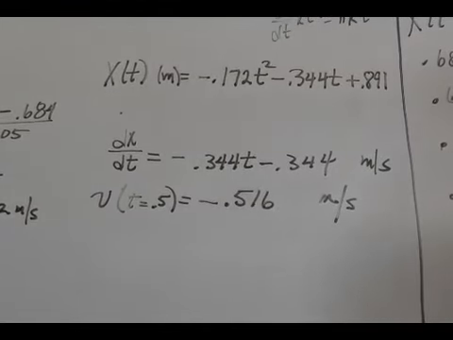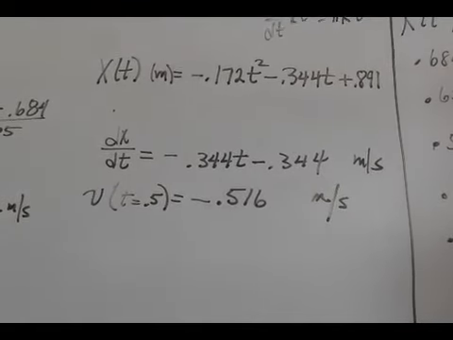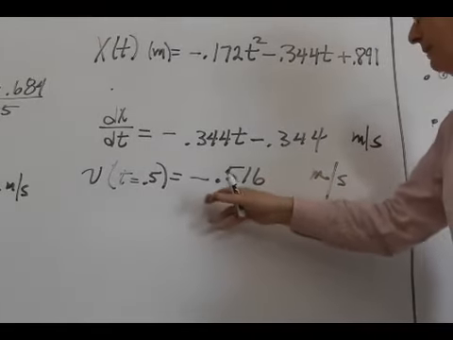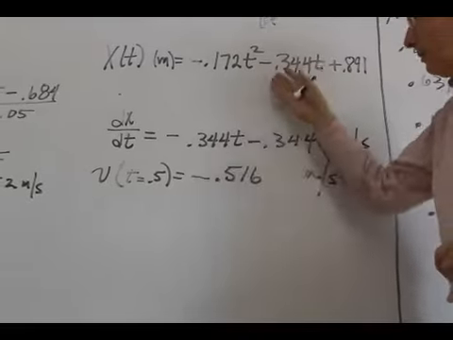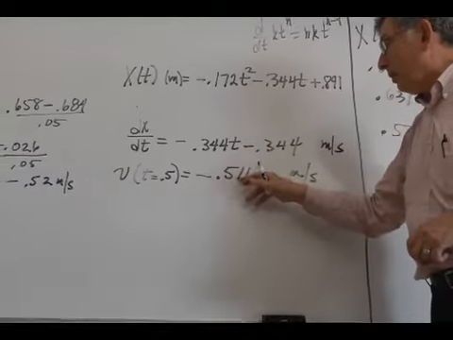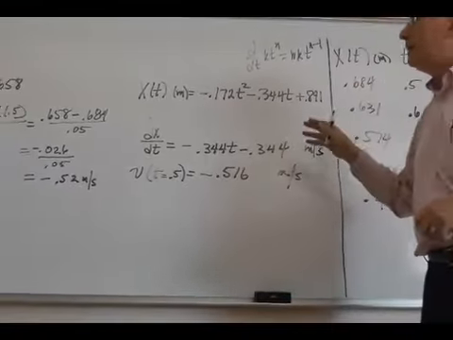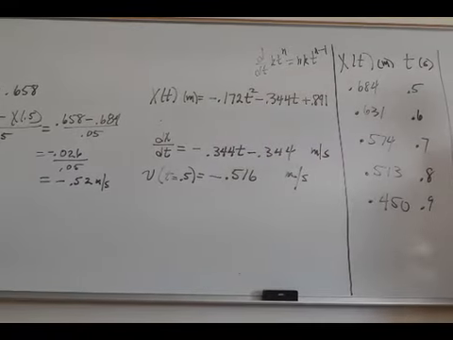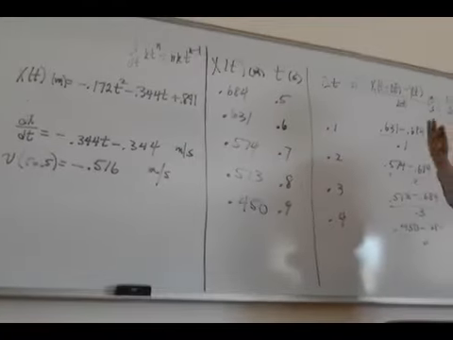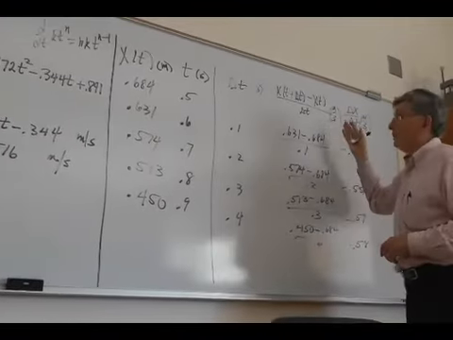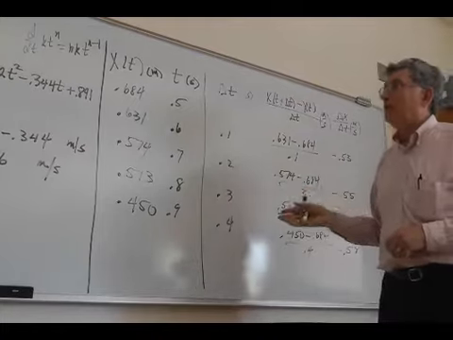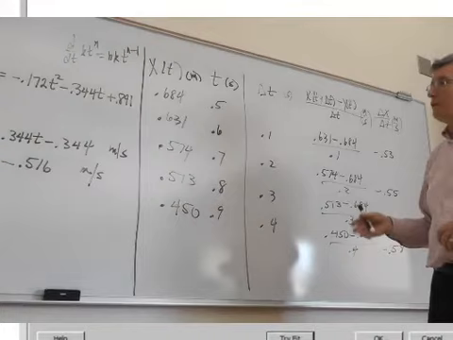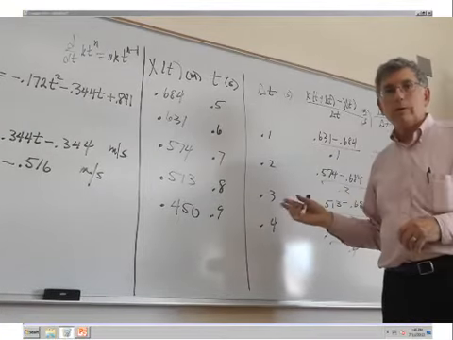If we want to evaluate that at our time, 0.5 seconds, just plug in t equals 0.5, and we get that the velocity from our curve is minus 0.516 meters per second, essentially the same as what we get by taking the limiting process. Not only can we understand what the velocity is from the definition, but perhaps more important, we can understand what they mean in calculus when they tell us the limit as something is going to 0.